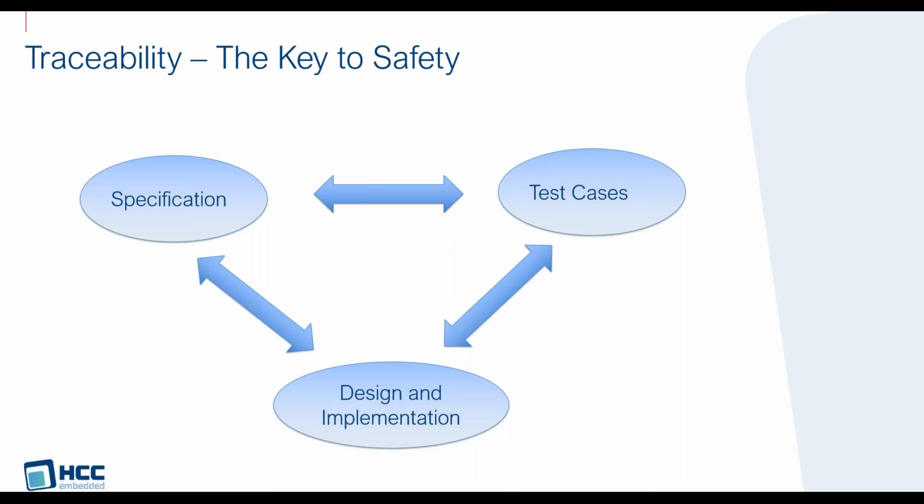Even changing a compiler, changing an endianness, a microcontroller, will change the behavior of a piece of software that needs to be traced back to specific test cases that can validate that it's still okay, and particular elements of the specification that say a requirement is to run in this environment or that environment. So without all this, it's very difficult to claim functional safety. And to me, traceability is the glue that really makes functional safety work.